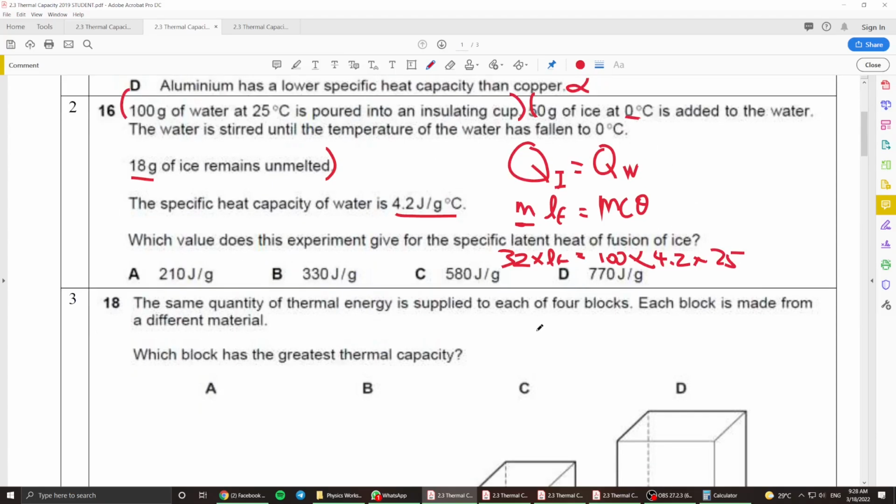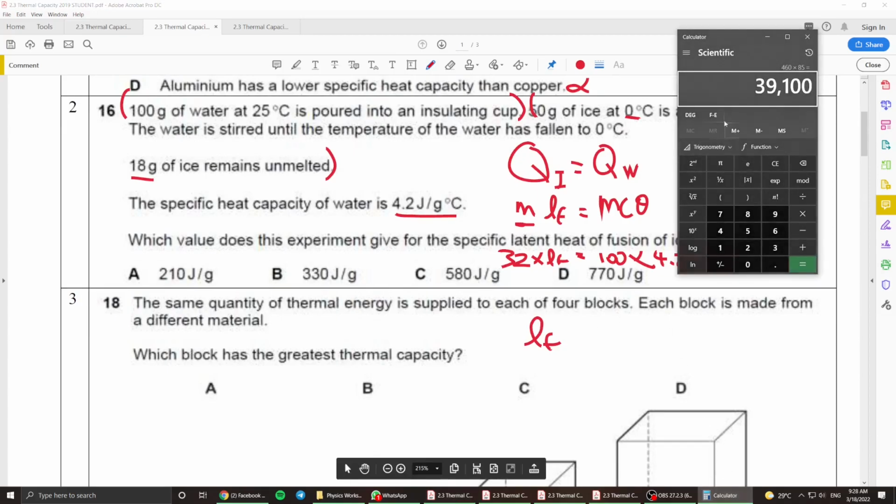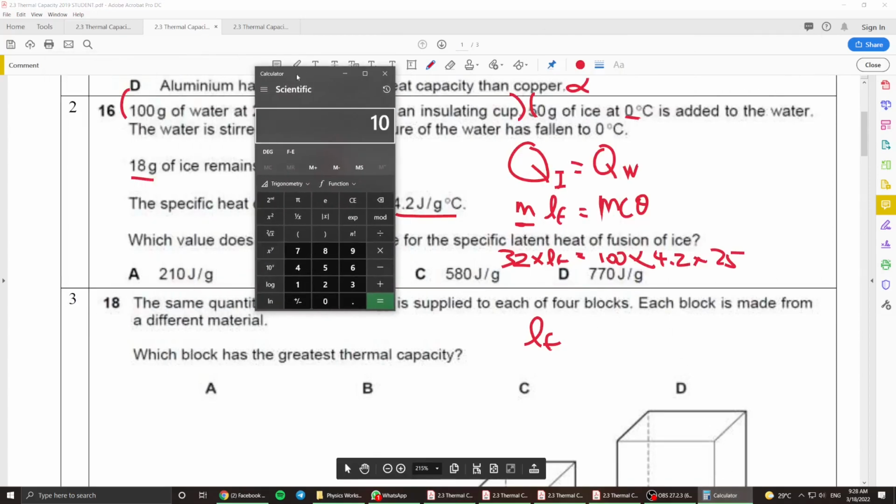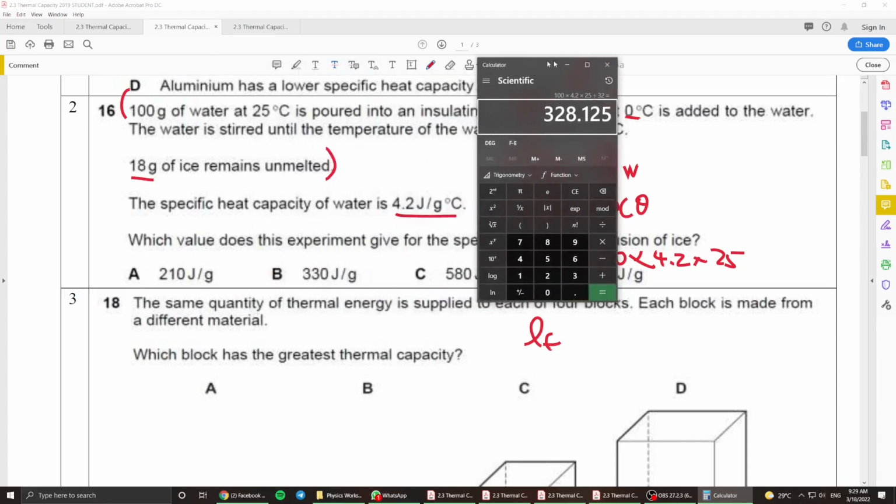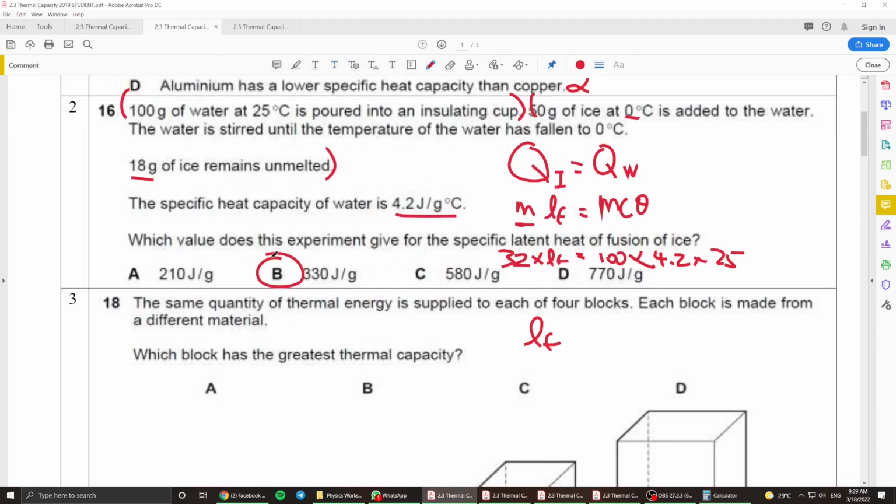Calculating on the calculator: 100 multiplied by 4.2 multiplied by 25, divided by 32, which gives you around 330 joules per gram, because you have to take into consideration that only 32 grams of ice was melted.